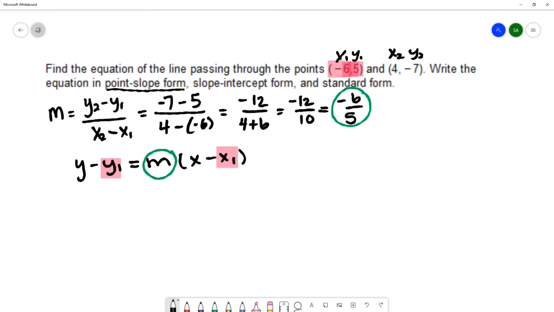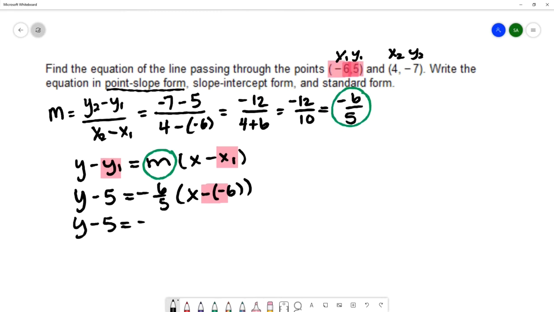So let me substitute those two values in, and that gives y minus 5 equals negative 6/5 times x minus negative 6. I'm going to simplify this double negative, and I have y minus 5 equals negative 6/5 times x plus 6.